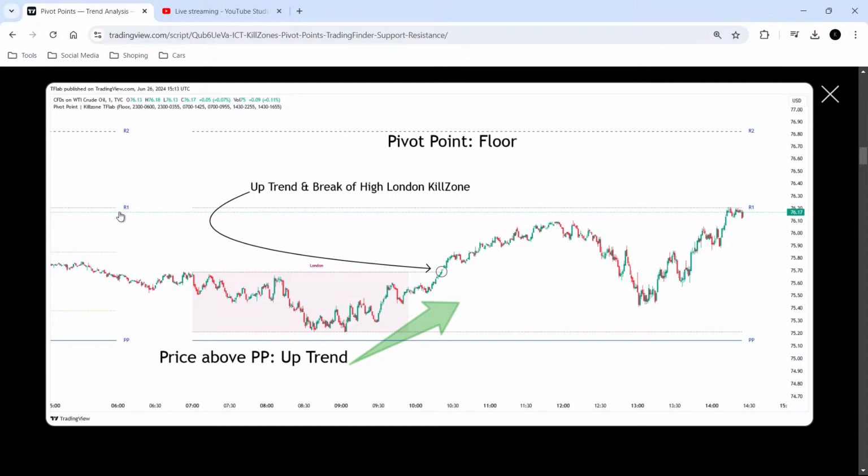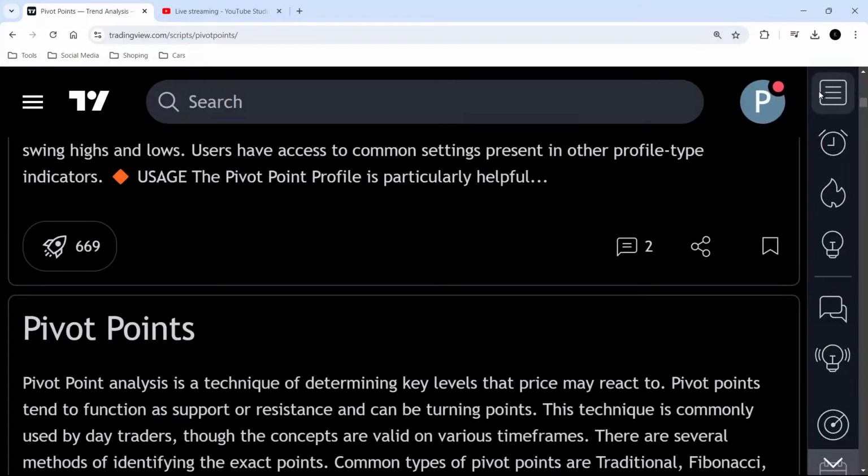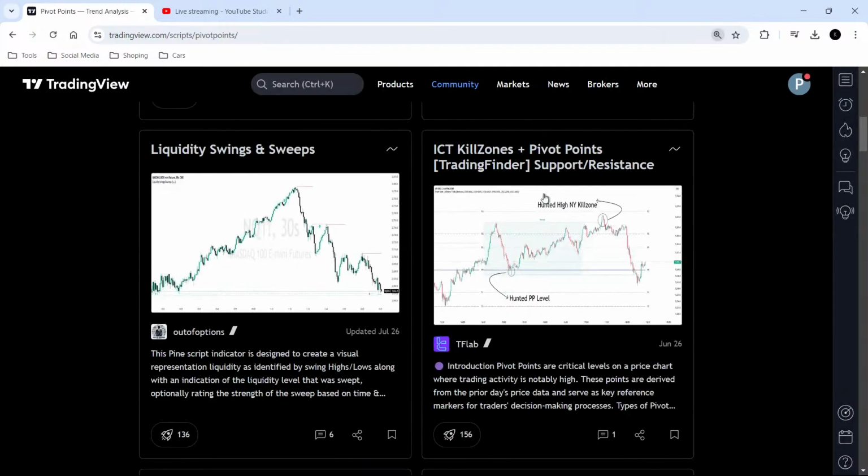So R1 is a resistance, R2 is resistance 2, price above PP equals uptrend. So this is supposed to be, but this is the retracement. I don't get it. I want to trade retracements. What? All right, let's go further on. I'm interested.